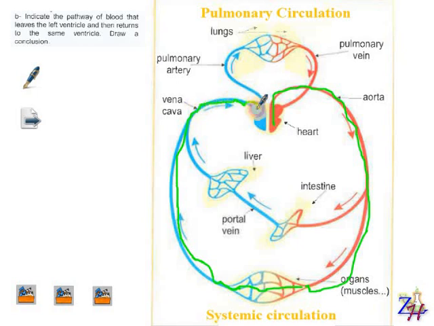We go to the right auricle, then to the right ventricle, then to the pulmonary artery. The pulmonary artery also divides into arterioles, blood capillaries, then they join to form venules, pulmonary vein, left auricle, and back to the left ventricle, the same point from which we started.